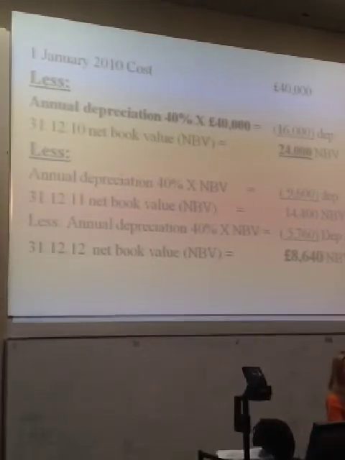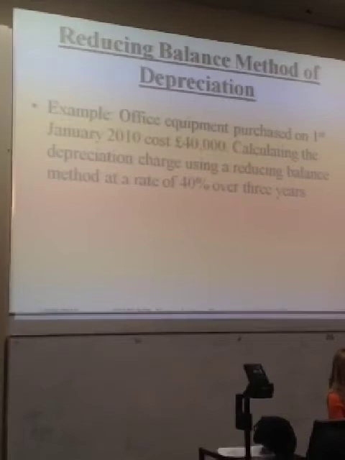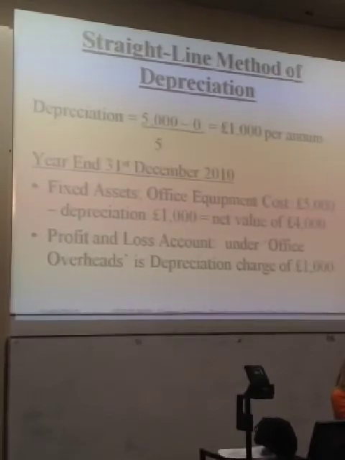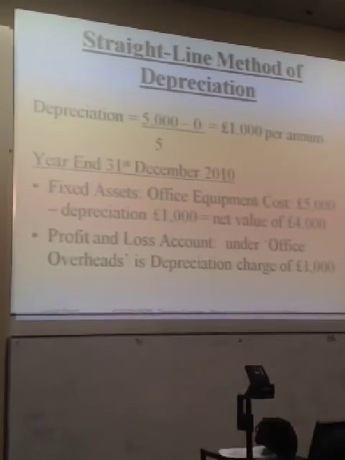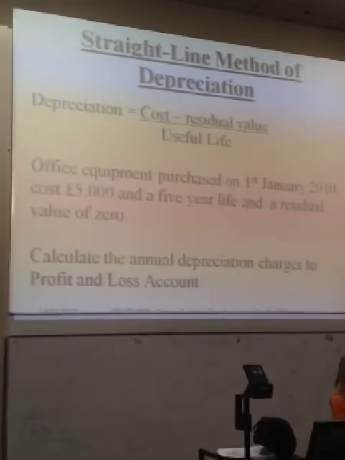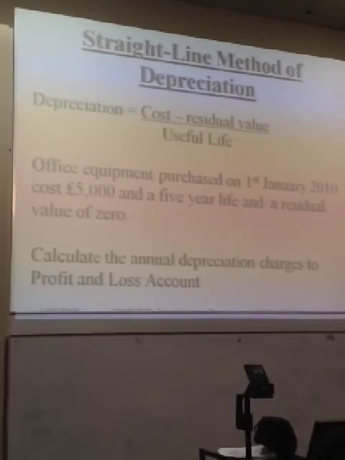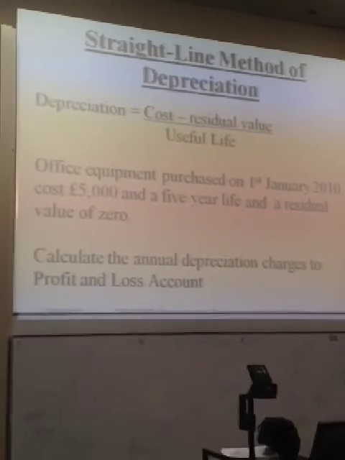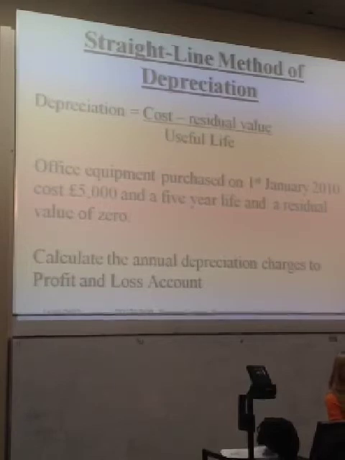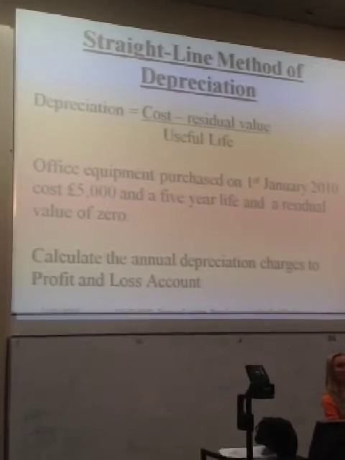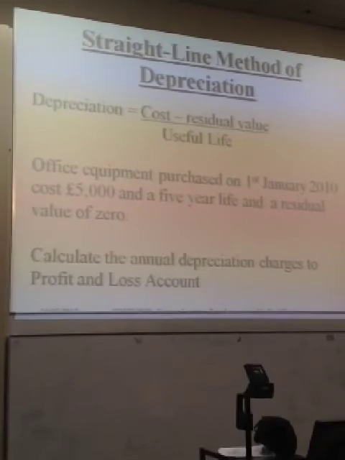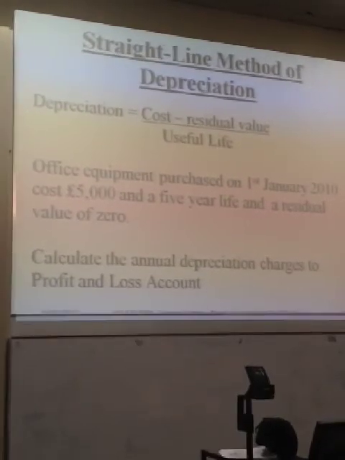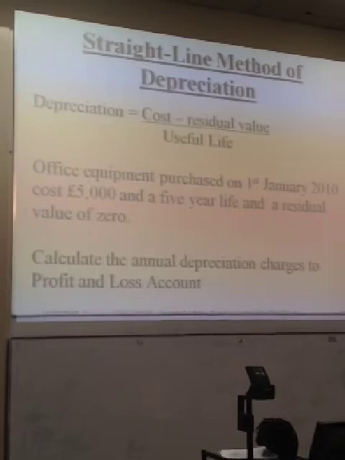Which is this straight line? Yeah. Guys, this is out of the notes that I'm giving you as well, okay? But the straight line method is very simply the cost minus residual value divided by useful life. So we've got a cost of 5,000, residual value of 0, the life is 5 years, so it's £5,000 divided by 5 equals £1,000.